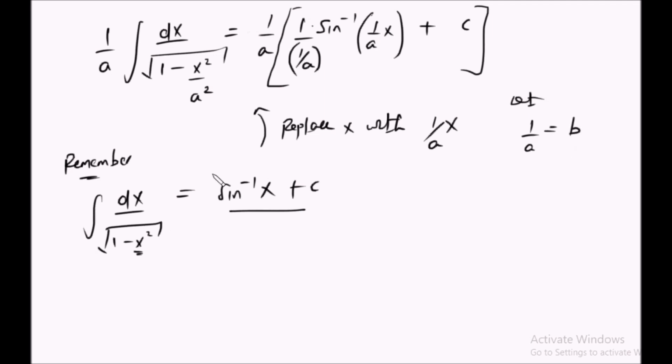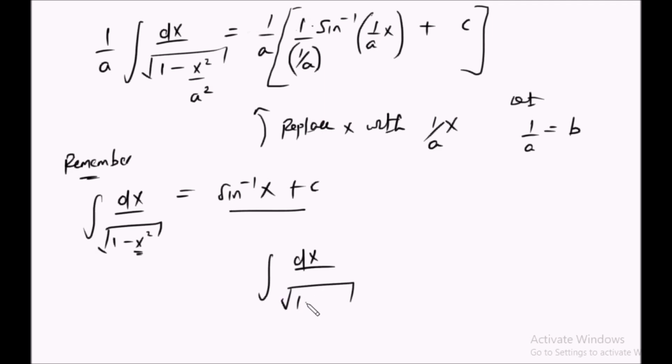Kwa hiyo sasa integration inabaki vile vile, okay, kwa hiyo ingekuwa bx, 1 over b, sawa? Lakini yani inabaki vile vile kasoro nitaongeza 1 over nini? Over b. Yani sasa mfano, let me just simplify, nikuelezea tena kwa undani, maybe nitakuwa nimekuchanganya.